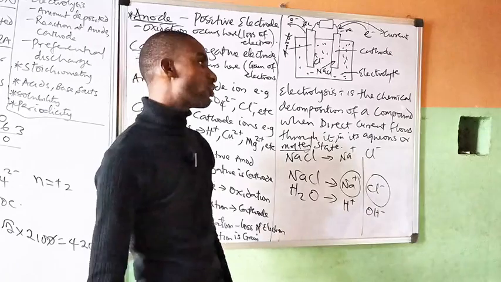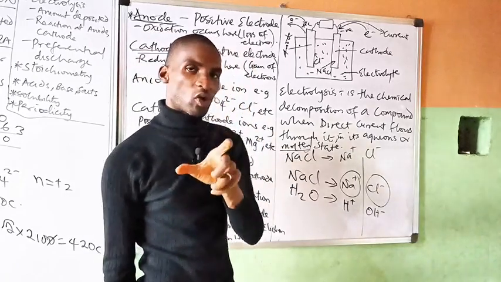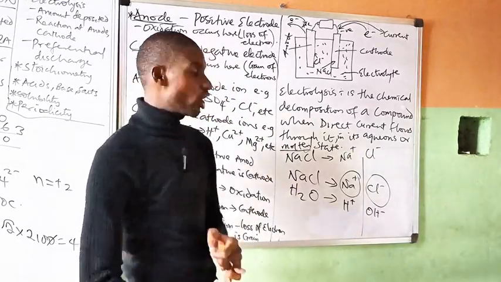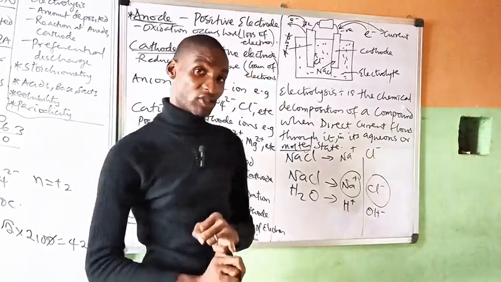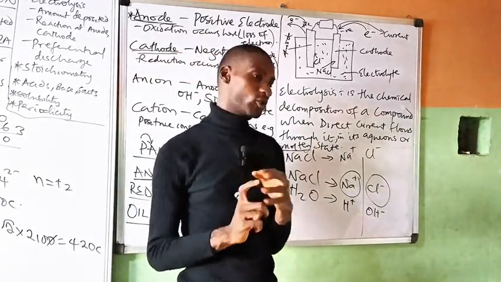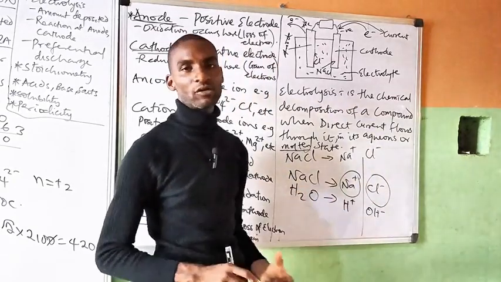So the first thing you want to do is this. I'm going to give you a shortcut. There are three factors that determine it. Number one is the position of an ion on the electrochemical series, and that is usually used for the electropositive ions.